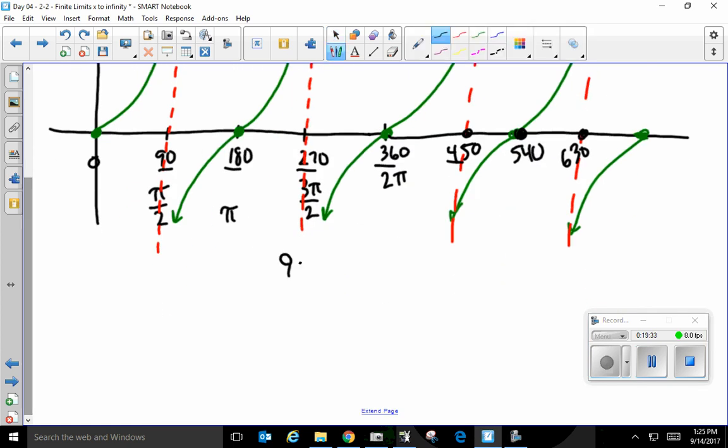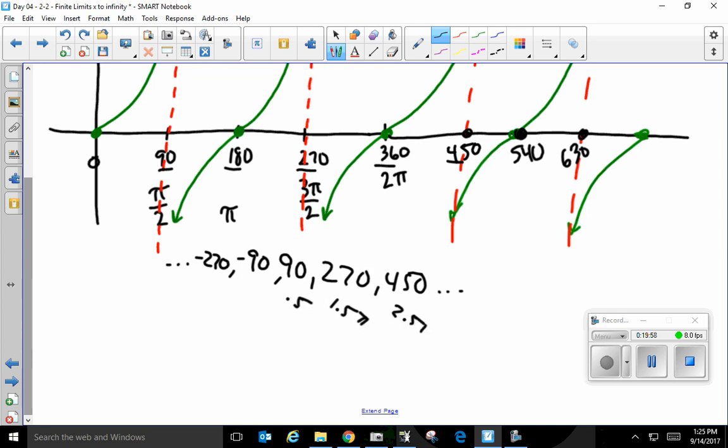You're going to say 90, 270, 450, and so forth, and negative 90, negative 270, and so forth. Or, if you want to write it in pi, you say 0.5 pi, 1.5 pi, 2.5 pi, and so forth. That's where all the vertical asymptotes are.